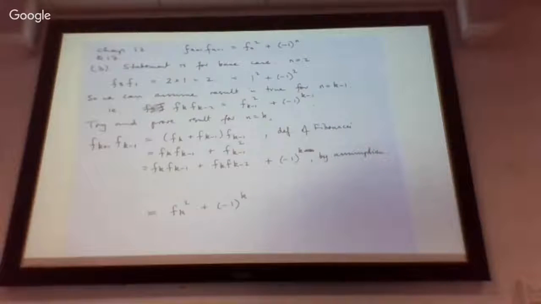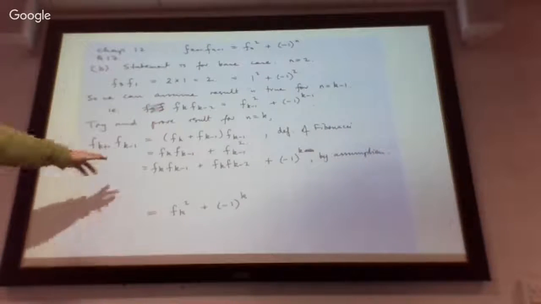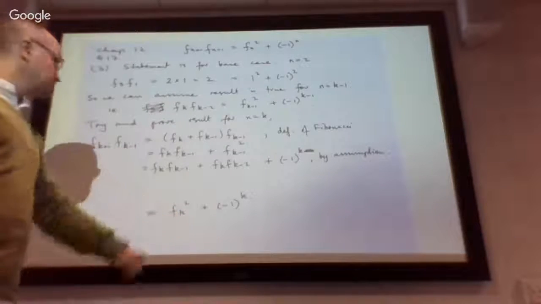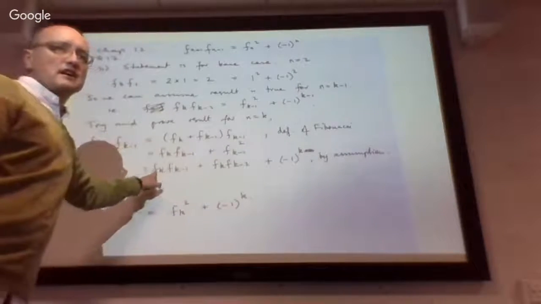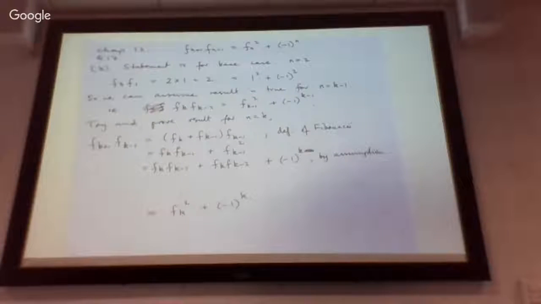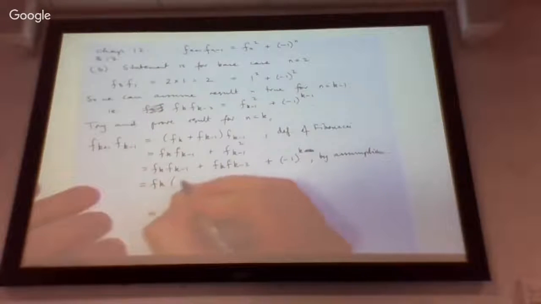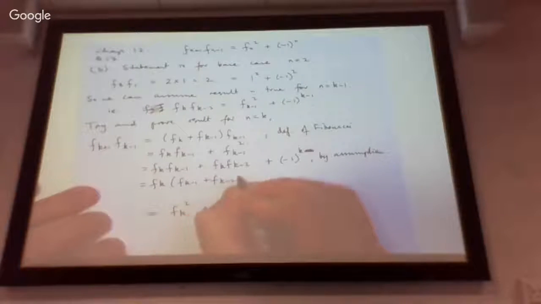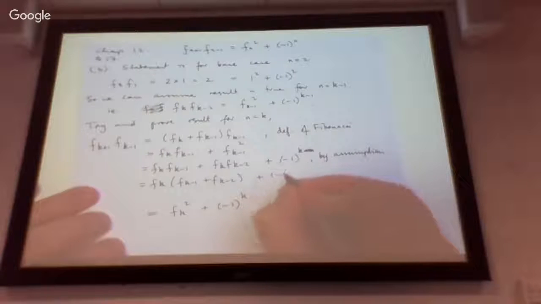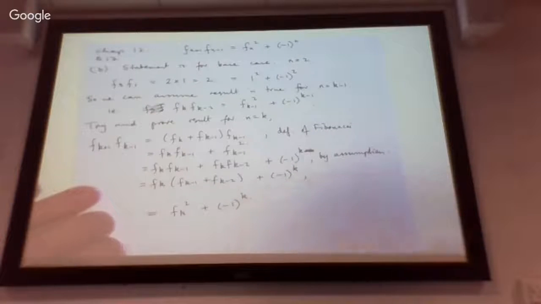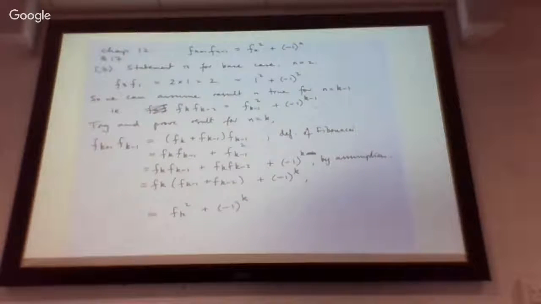And what have we got here? Well, okay, this isn't looking like the square of f_k yet. However, there is one factor of f_k there. And you can factorize that out into f_k, multiplying f_{k-1} plus f_{k-2}. Still got this minus 1 to the power of k. It's just algebra, factorizing. And what's the final step?